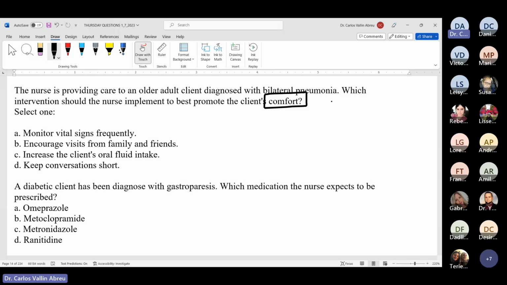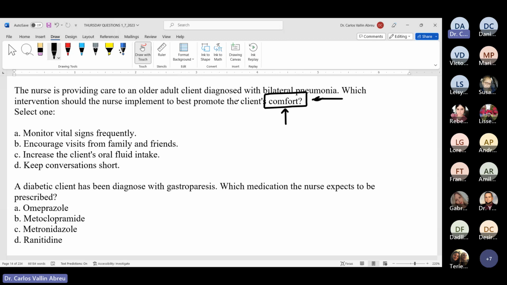It's not priority, it's comfort. So they make this question a lot. For example, what do you do for comfort in a client with hypothyroidism? Keep the room warm or give a blanket. For a client with meningitis, what do you do for comfort? You keep the light dim, keep the room dark because of the photophobia. So there are questions about comfort.